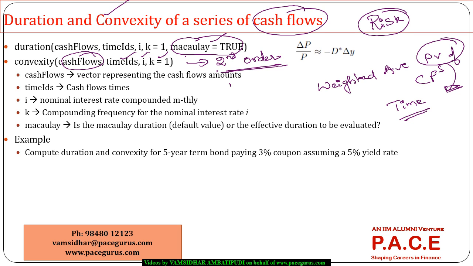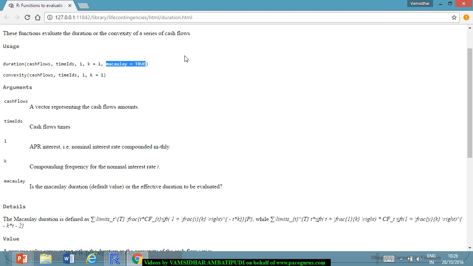The higher is the duration, the higher is the interest rate risk that is associated with the bond. And using this duration as well as convexity, we can even predict what could be the price of the bond if the interest rate changes by some percentage. So for both the purposes, these are typically used.